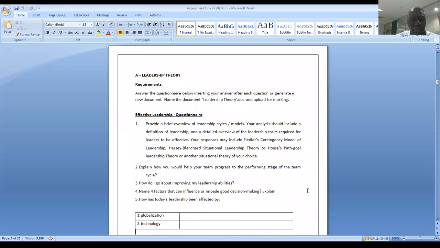Generally, it's simply following the instructions on that form, reading and answering, and doing whatever is required. The key thing in the leadership questionnaire says, provide an overview of leadership styles and models. So you're going to have to research the various leadership models and styles that are there. There's a guy who did research called Goleman, G-O-L-E-M-A-N.